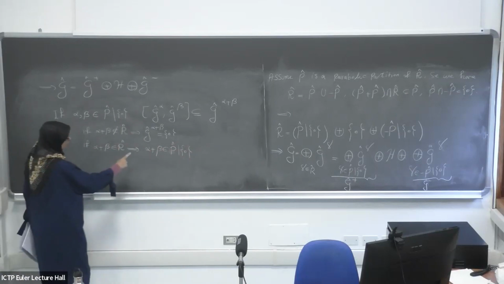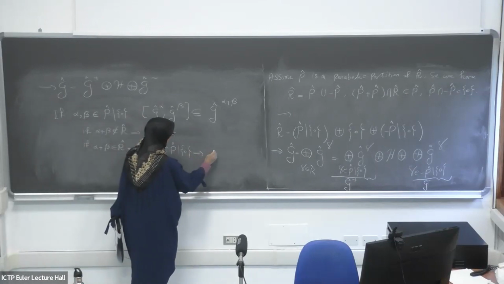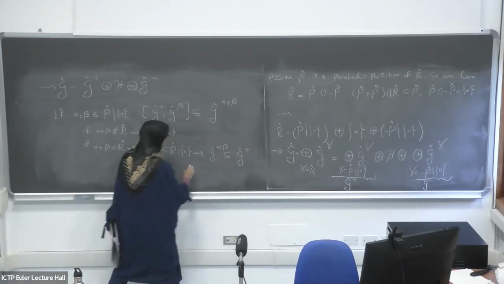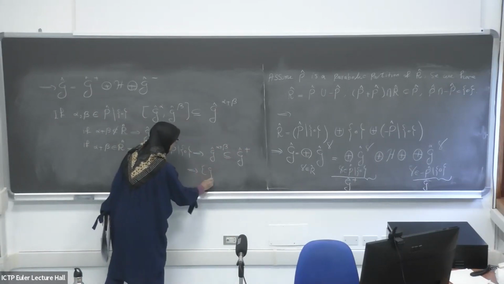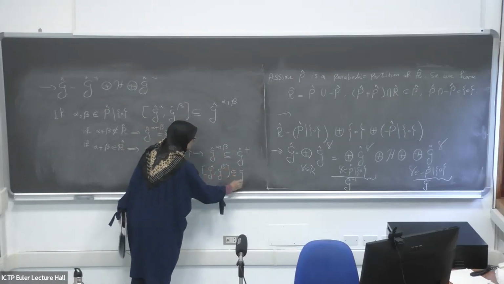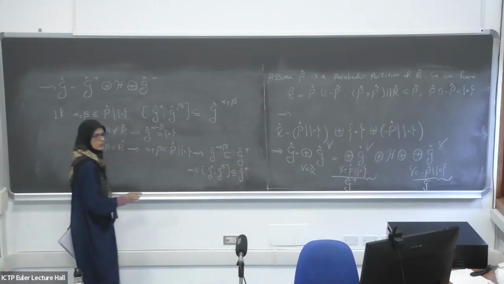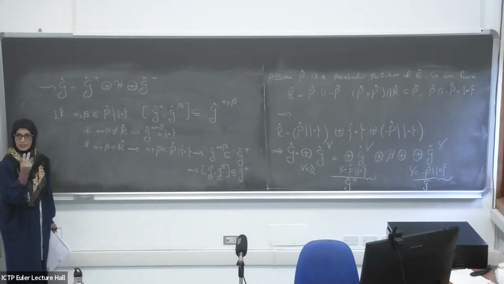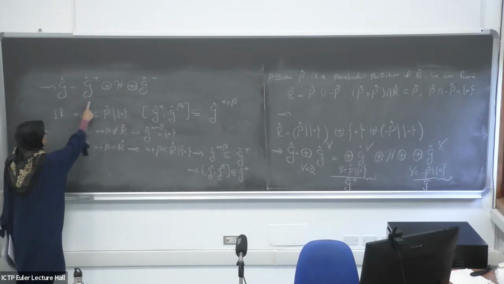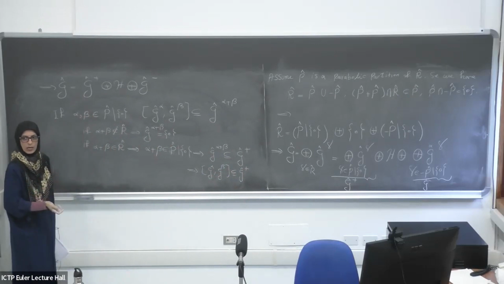So G hat alpha plus beta is a subset of G hat plus, and so the bracket of G alpha, G beta is a subset of G hat plus. It means that if you have the bracket of two elements of G hat plus, you get an element of G hat plus. That means that G hat plus is a subalgebra of G hat.